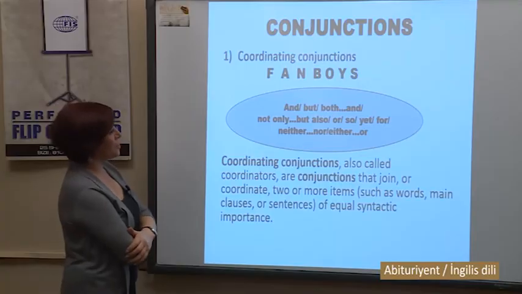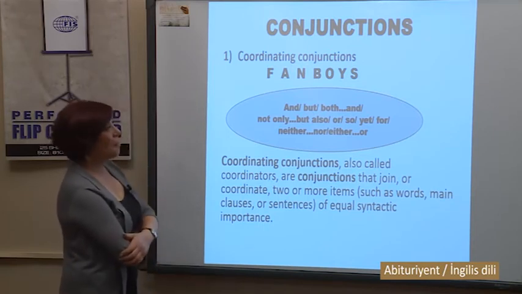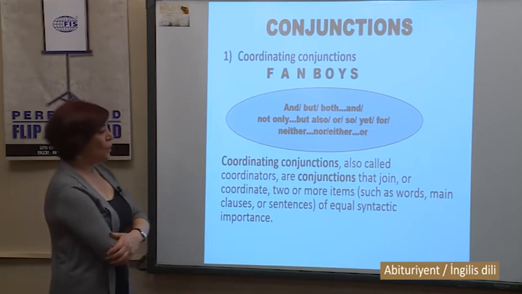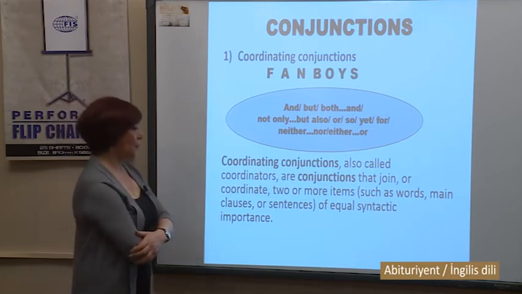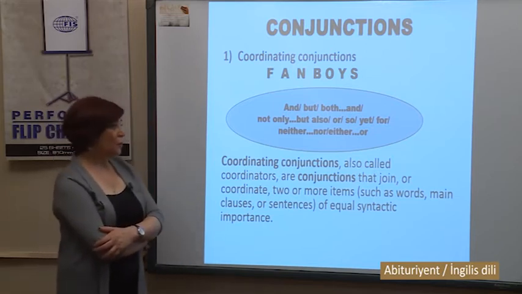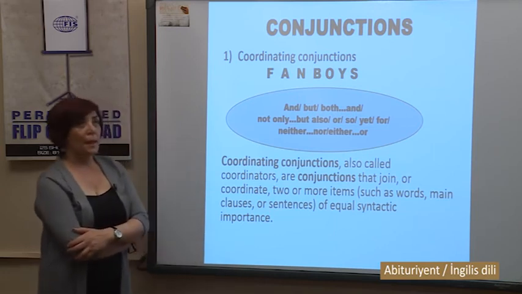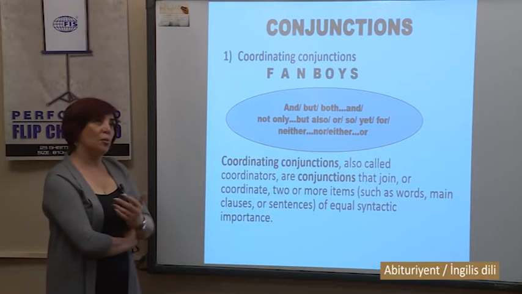Here are the conjunctions as well: and, but, both and, not only but also, or, so, yet, for, neither nor, either or. Now, dear friends, I want to speak about neither nor and either or, and then I'll speak about both and.